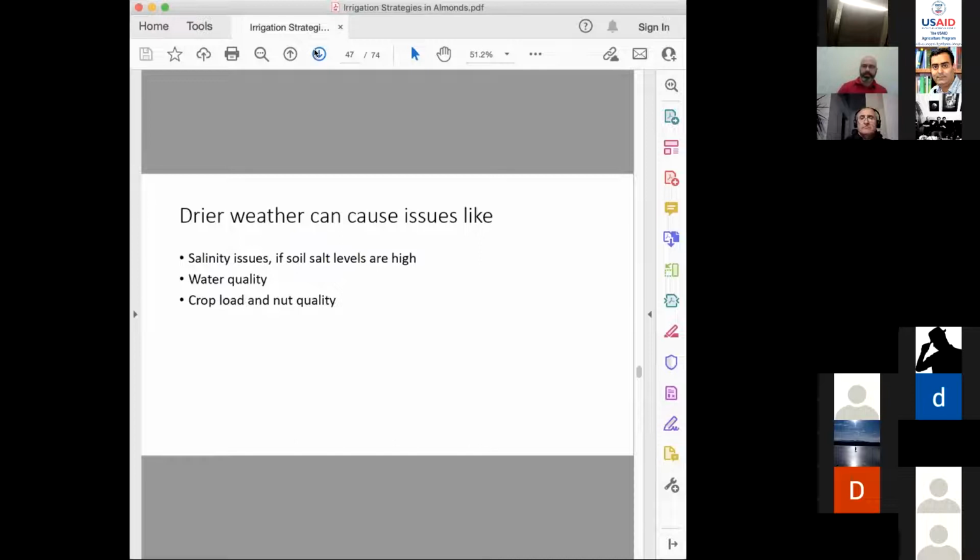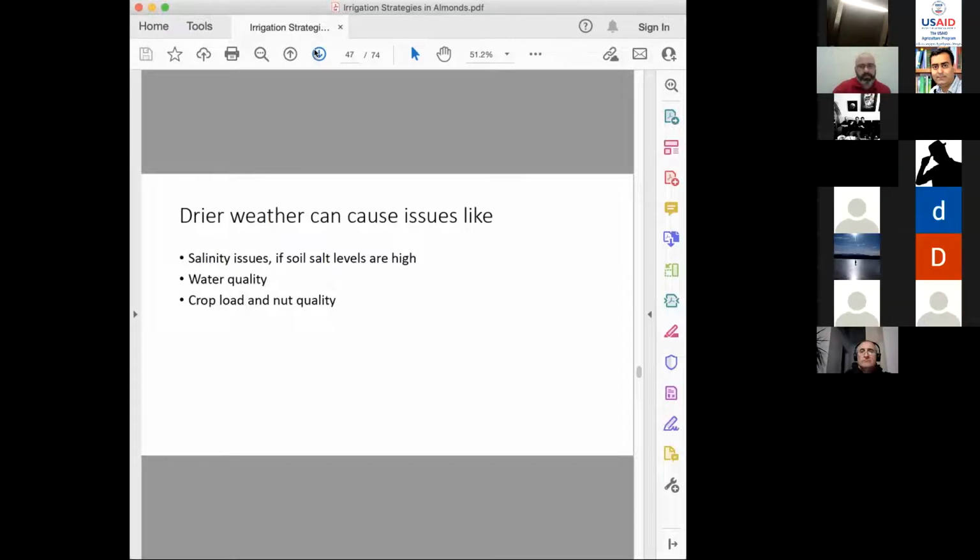Crop load and nut quality, drier weather, lack of water, and really hot, very less humid conditions, they can affect your trees' growth. They can affect your vegetative growth of your trees because dry weather, high winds, hot temperatures, and low relative humidity increases water stress, and that can affect photosynthesis.